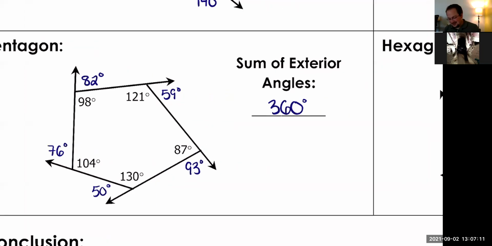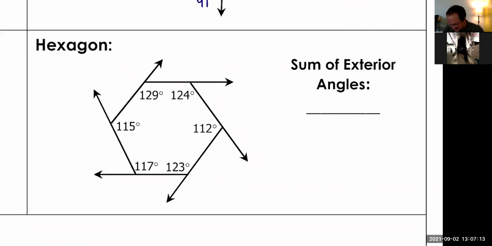Should we even do the other one? Just for the sake of our notes, I'm going to jot them down real quick. I'm going to start up there next to the 129-degree angle and go clockwise again.